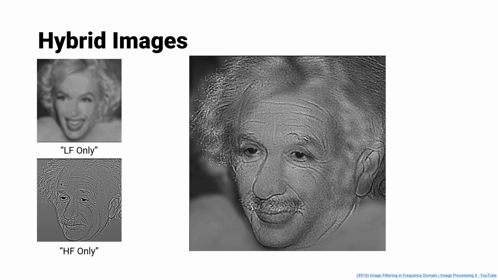So now you take the low frequency component version here and the high frequency component version here, and you literally take the element-wise summation of these two images in the spatial domain. And this is what it would look like. You might be wondering, okay, what's so cool about this image? Because you're observing this from a very close distance, you would probably see Einstein if you're sitting very close to the screen. The farther away you go from the camera, you will start seeing Marilyn Monroe.